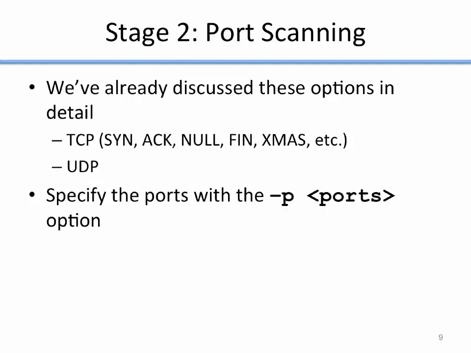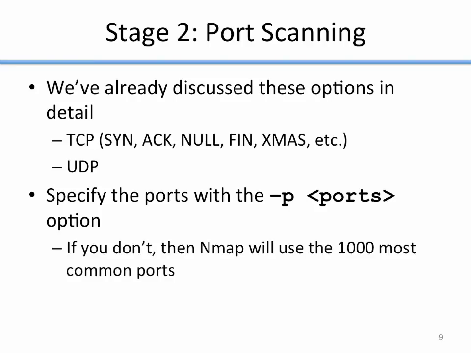But one thing I didn't mention before is that you can specify the ports you want to scan for using this -p. It's a lowercase p, and then the ports you want option. If you don't specify which ports you want, then by default, Nmap will use the 1,000 most common ports. And those are the 1,000 most common as defined by the people who wrote Nmap. So they said, we think these are the 1,000 most commonly used ports, and they make those the default.